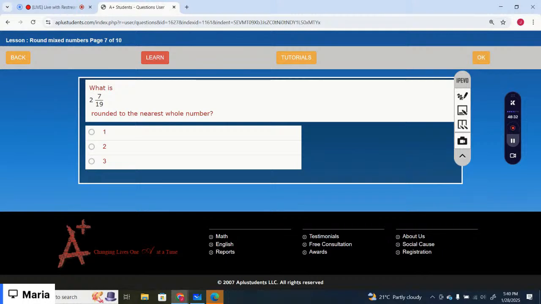Two whole 7 over 19. 7 over 19 is less than half, so you need to round to the same whole number, that is 2. Okay, you can complete the lesson by yourself later today.